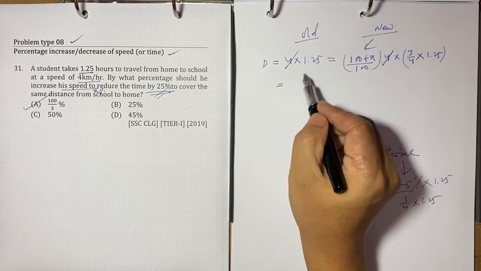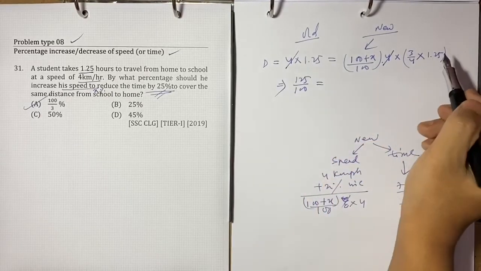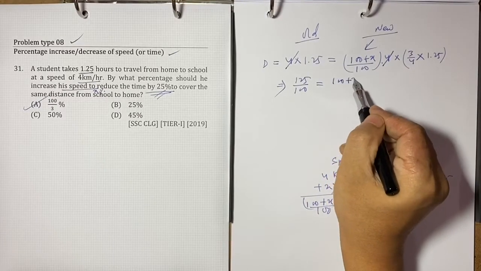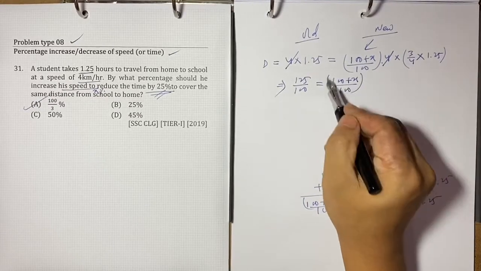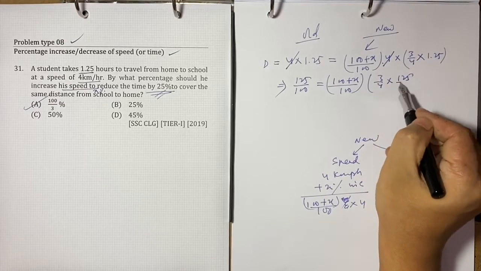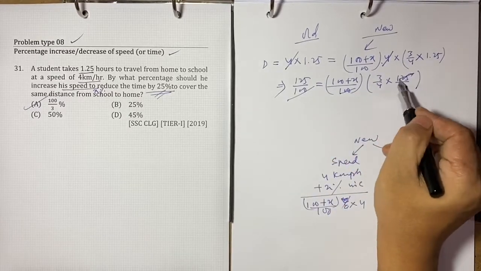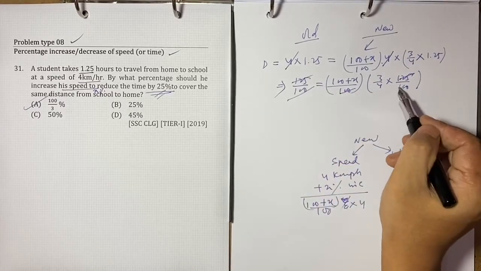So 1.25, which is 5 by 4, equals 100 plus x divided by 100 into 3 by 4 into 125 divided by 100. The 100s cancel.